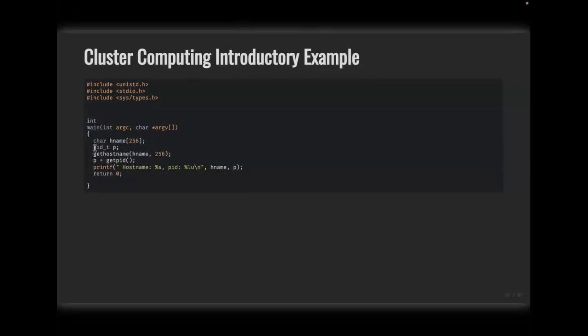This is an integer declaration for a variable P. And then in these two lines, we basically fill up the variables hname and P. We call a system command called gethostname, which puts the hostname of whichever node or server is running this program into the variable hname. And then we call getpid, which gives you the unique Linux process ID of the process that is running.